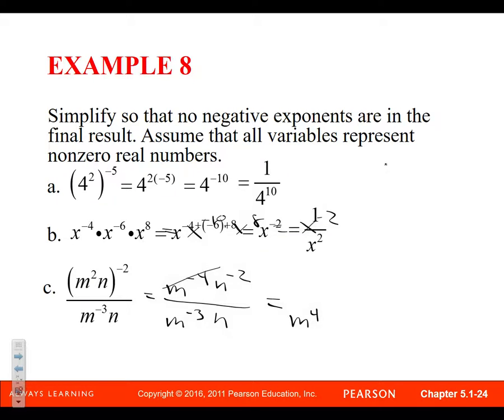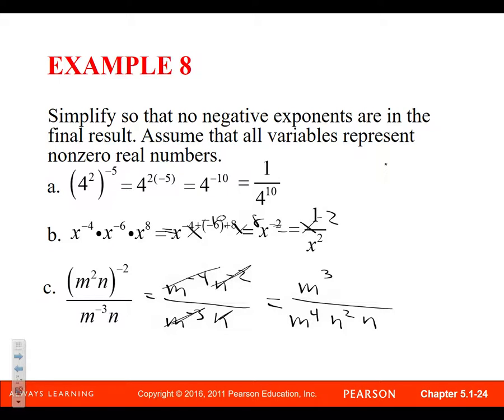Not that not doing it is not right. This n to the second needs to come down to the denominator as well. This m to the third can come up. And the n is okay, so it's going to just stay there.